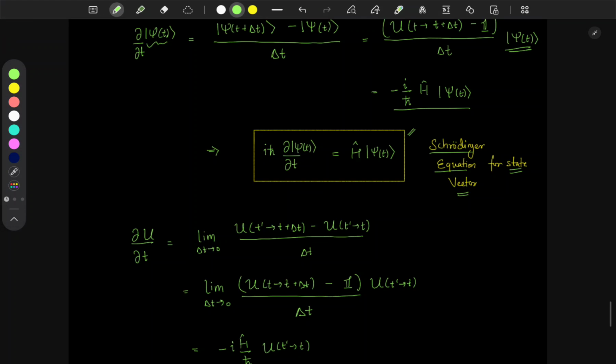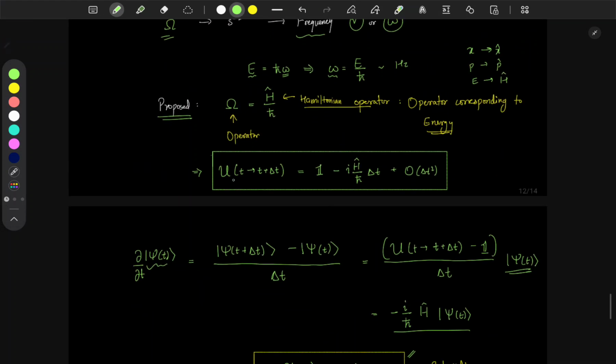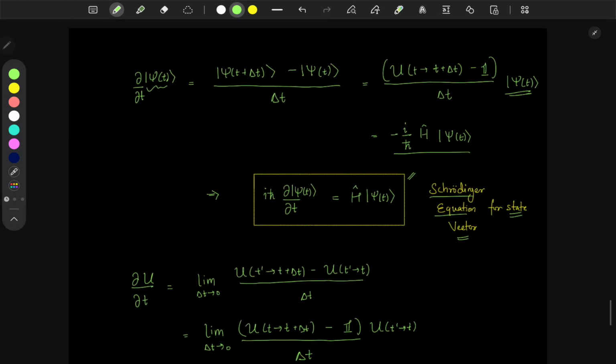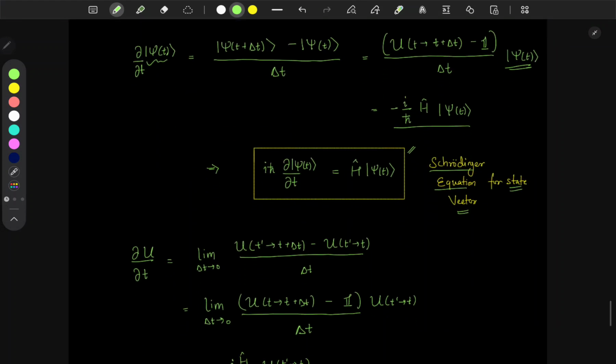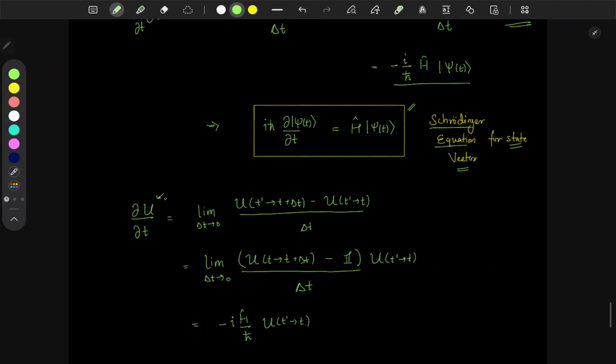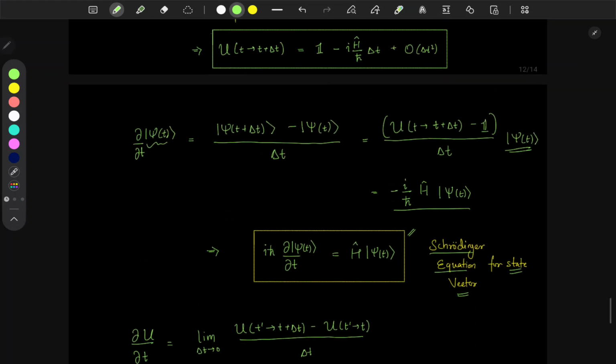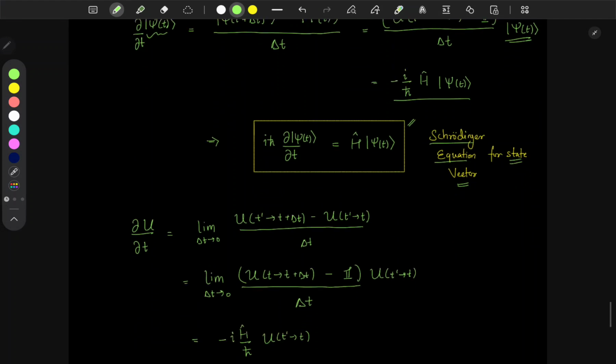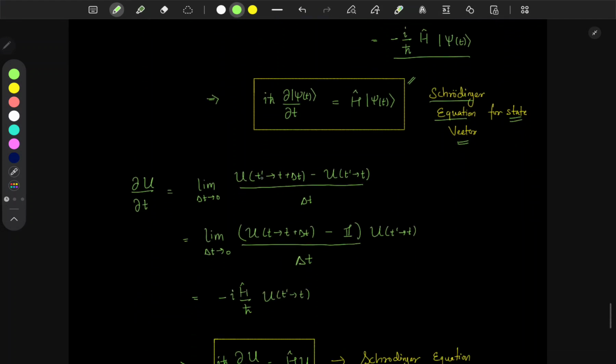Now, since the time dependence is there in the operator U itself, you can write a time derivative equation for U as well. You can write a differential equation for U, because the time dependence comes from this part only. So you just take the time derivative. Here the operator goes from some time t prime to t plus delta t, and here from t prime to t.